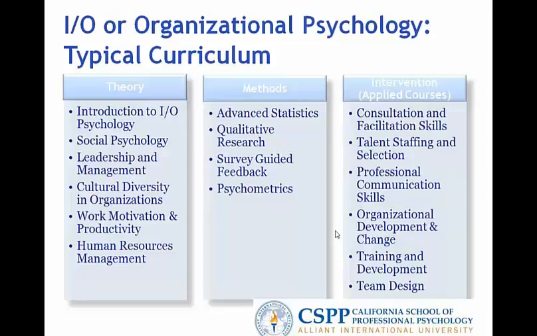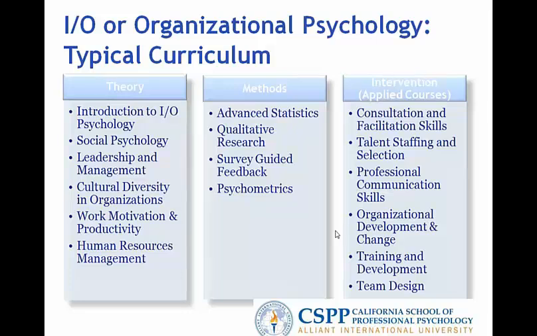Typical curriculum, and this is typical of our field, I have here in 3 different buckets or categories, what we have in our Alliant curriculum. In IO or organizational psychology, as we are calling it now, you will have a group of theory subjects, methodology, as well as intervention or applied courses.